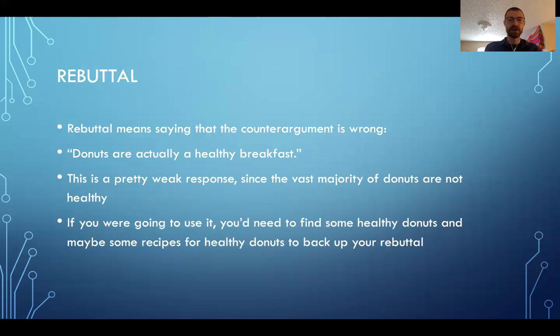One option here would be to offer a rebuttal. So a rebuttal would have to say that the counterargument itself is incorrect. So it's saying they're not the best because they're unhealthy. The rebuttal would be, actually, they are healthy. That's not what I would recommend you choose in this particular circumstance because the evidence isn't really in your favor. Most donuts are not very healthy.